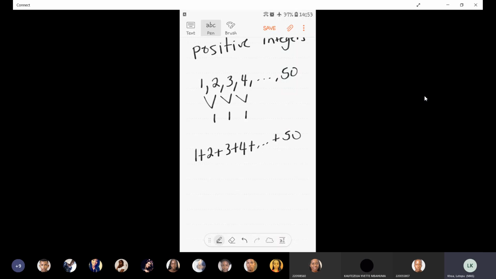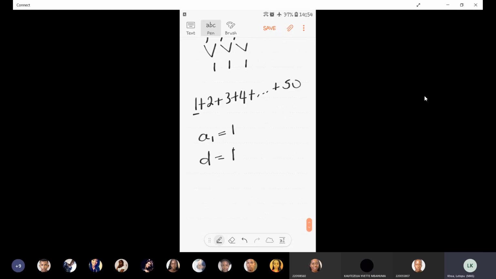So what I can do is, I know what a is. My a1 is equal to 1. My common difference is equal to 1 as well. Then I can just use my formula. So I know that Sn, n here is 50 because I'm working out the sum of the first 50 integers.